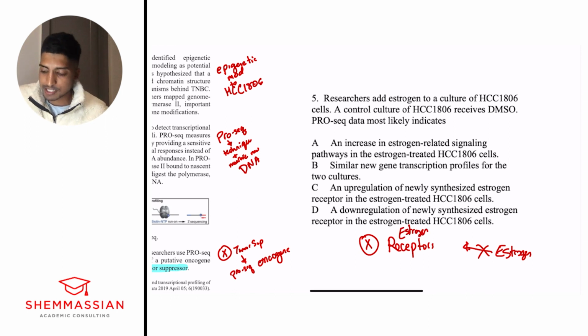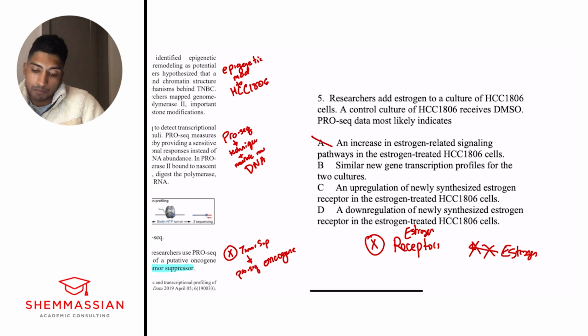So we're going to put a little X there, and that means regardless of whether we add estrogen to it, nothing can happen. That's the whole point, right? If we don't have receptors, we can't bind the thing. And so right away we should know nothing should happen to our first culture of HCC 1806 cells. And so right away we can eliminate A. B, it says similar new gene transcription profiles for the two cultures, so we can keep that.